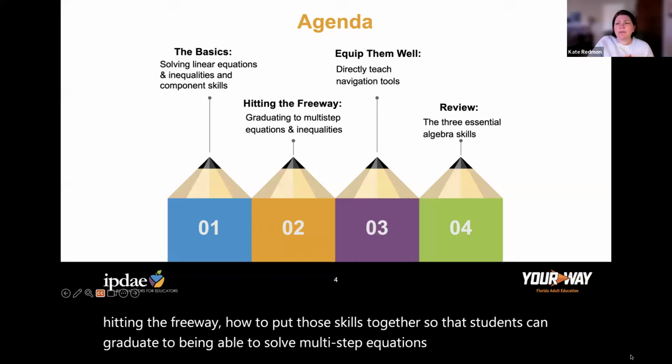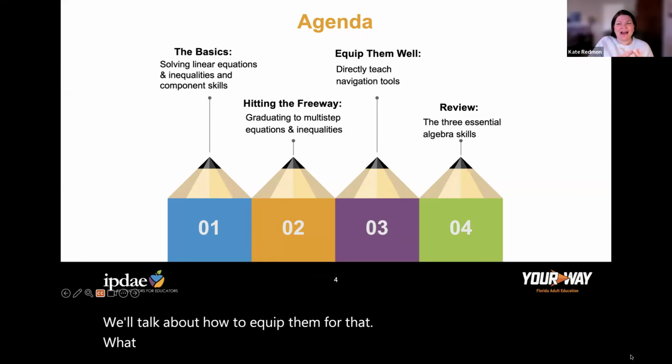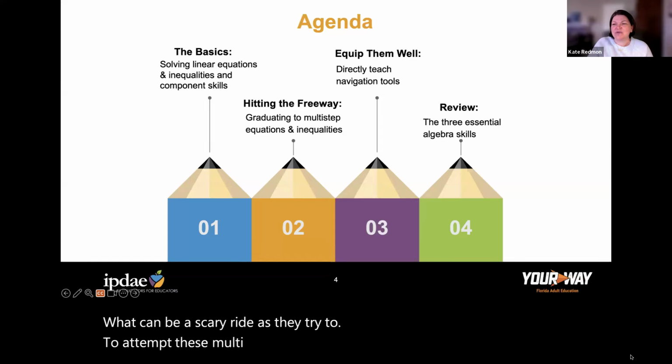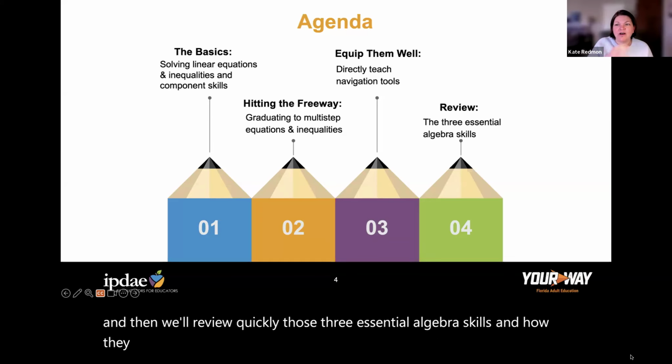We'll talk about how to equip them for that, what can be a scary ride as they try to attempt these multi-steps, by directly teaching them navigation tools. And then we'll review quickly those three essential algebra skills and how they fit together and how you can practice them all together in your classes.